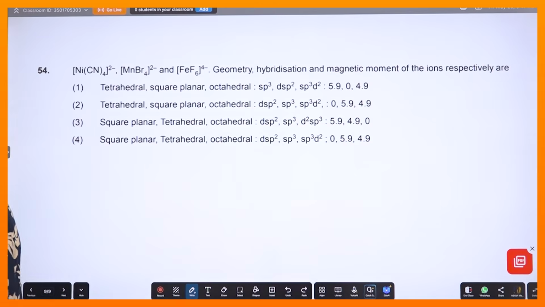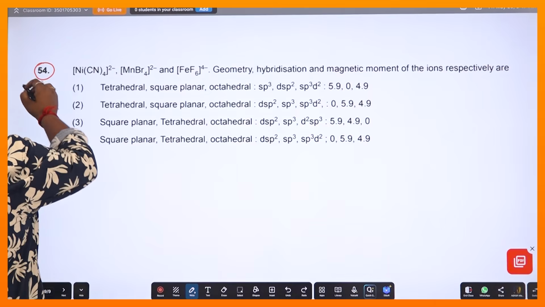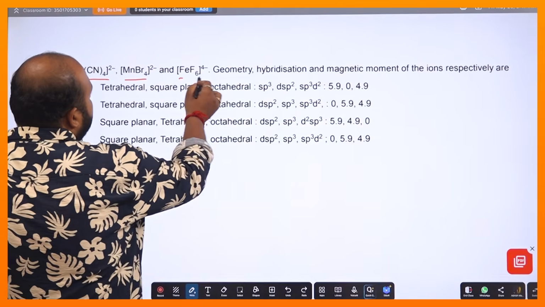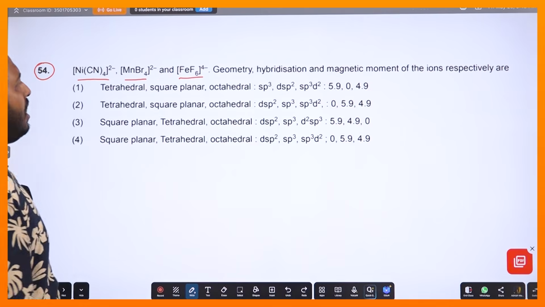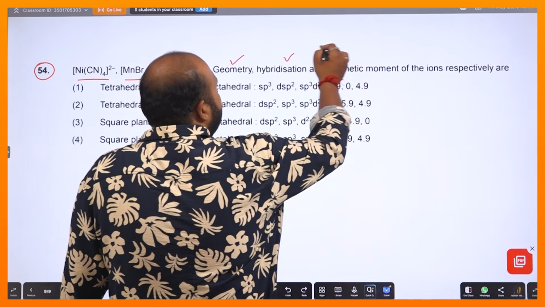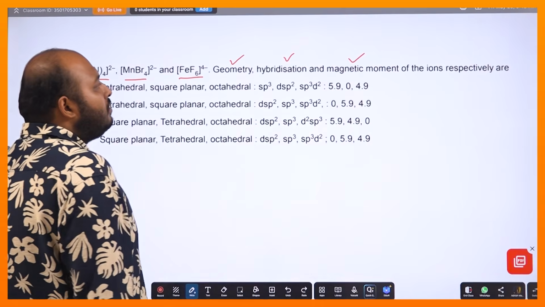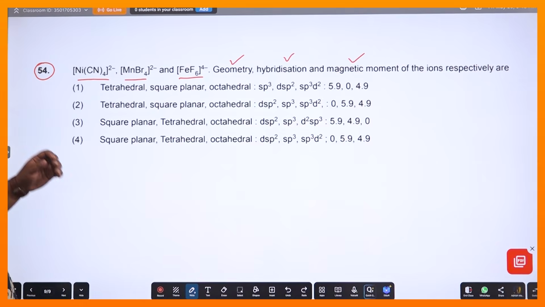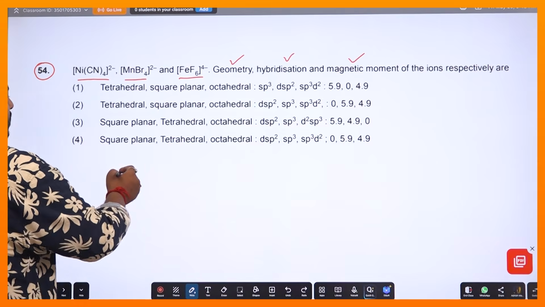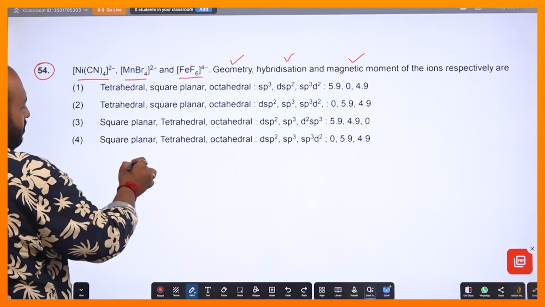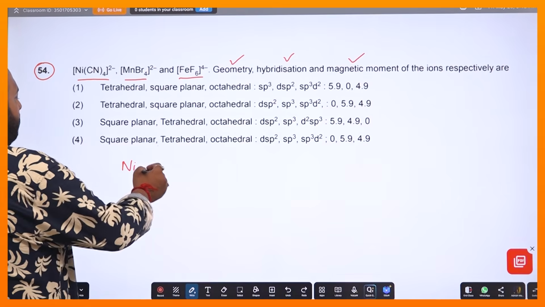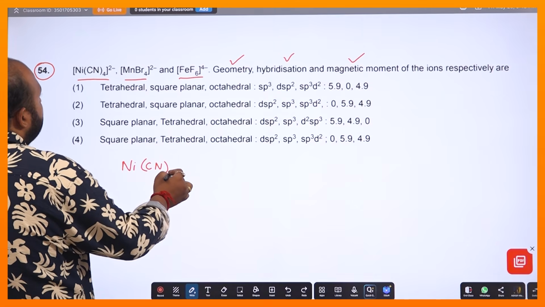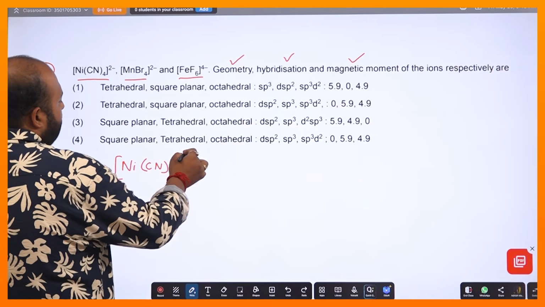Okay, so our next question is from the coordination compound. It is asking for the geometry, hybridization, magnetic moment. Let us take the example of Ni(CN)4 2 minus.